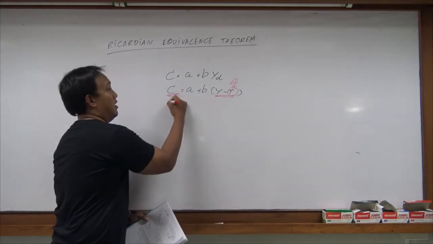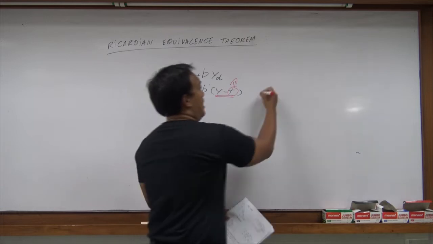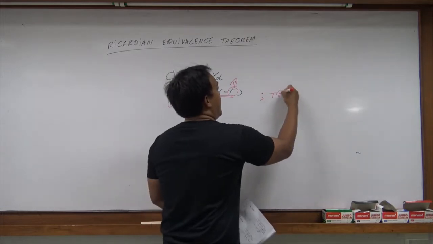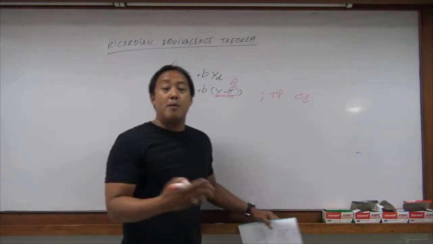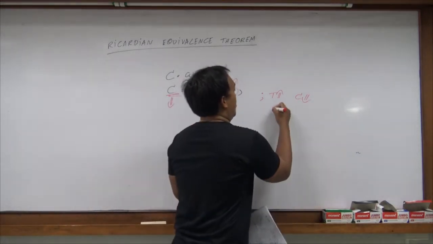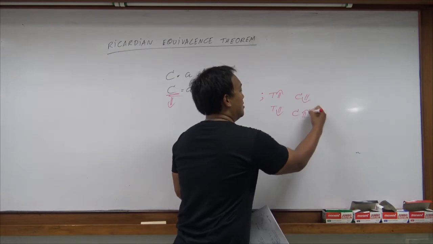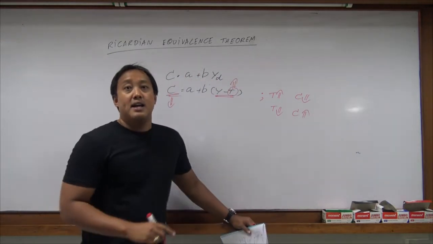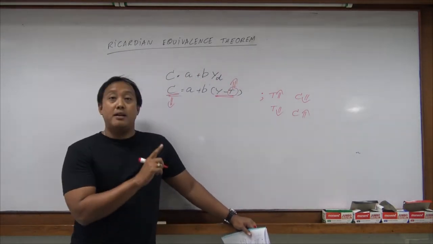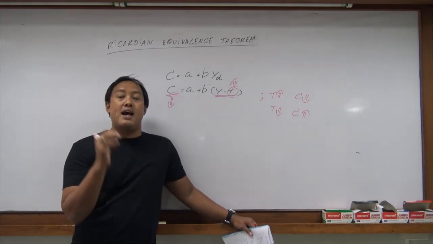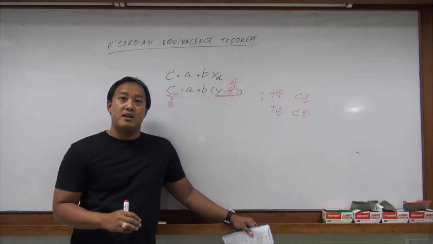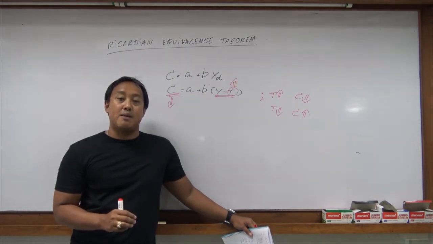So if tax is high, consumption is going to be low. On the opposite, if the government lowers the tax, consumption is going to be high. This is the theory we learned in macro 1: tax has a direct effect on consumption.